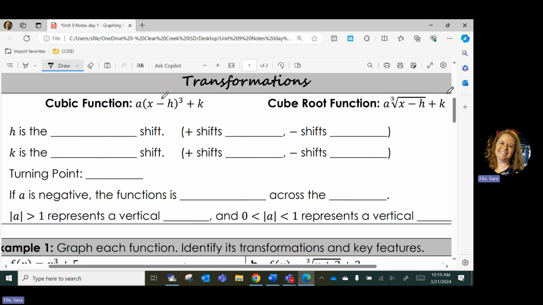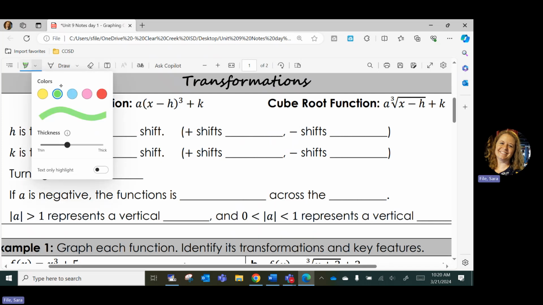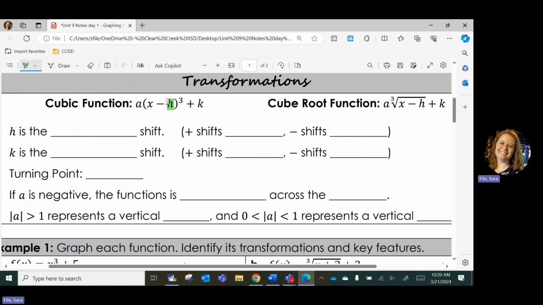Okay, the A, H, and K still show up in the same spot if we're in what's called vertex form. So here it is, the cube function in vertex form and the cube root function in vertex form. So here, we'll start with your H. Notice your H is inside the function.